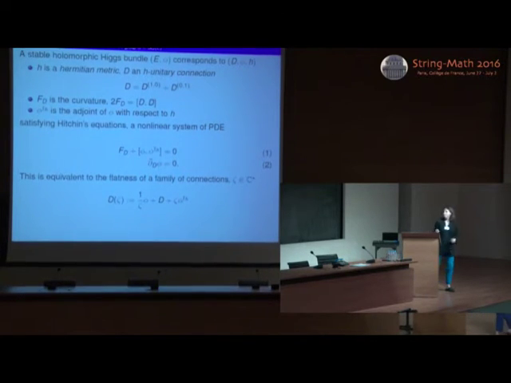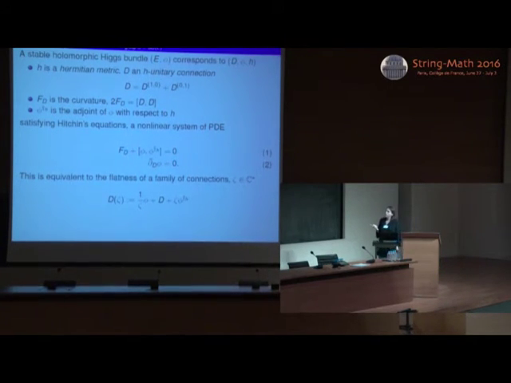Now, we started with a holomorphic Higgs bundle, but as Laura introduced, the original definition was in fact a triple D, phi, and H, where H is a Hermitian matrix, D is an H-unitary connection, and such that this satisfies Hitchin's equations, a nonlinear system of PDE, obtained from a reduction of Yang-Mills theory.